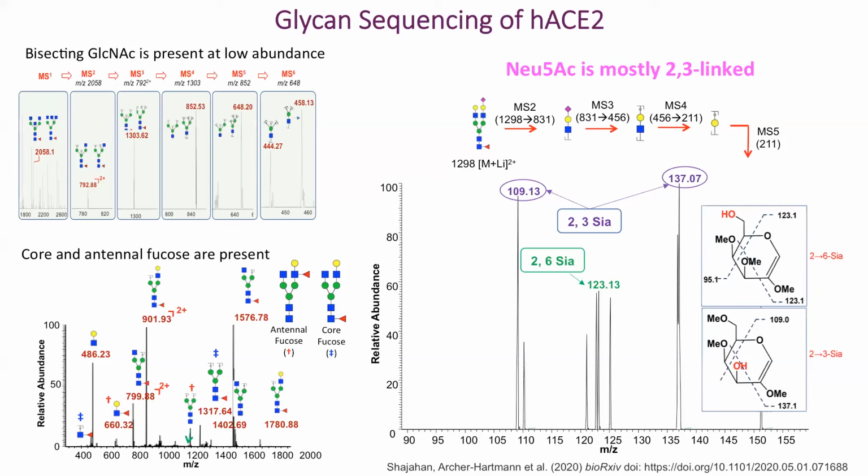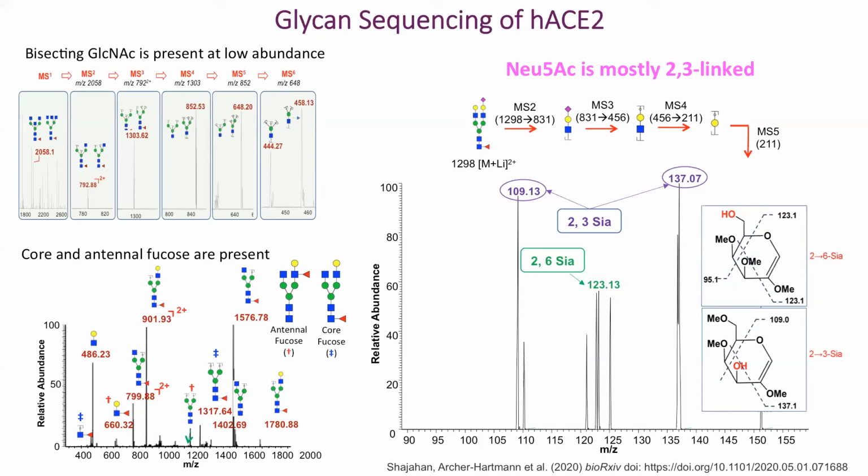So the sialic acid linkage has also been shown to be important in other viruses, whether it's 2,3 versus 2,6. In this case, in the human ACE2, we've shown that the sialic acid linkage is mostly 2,3 linked.